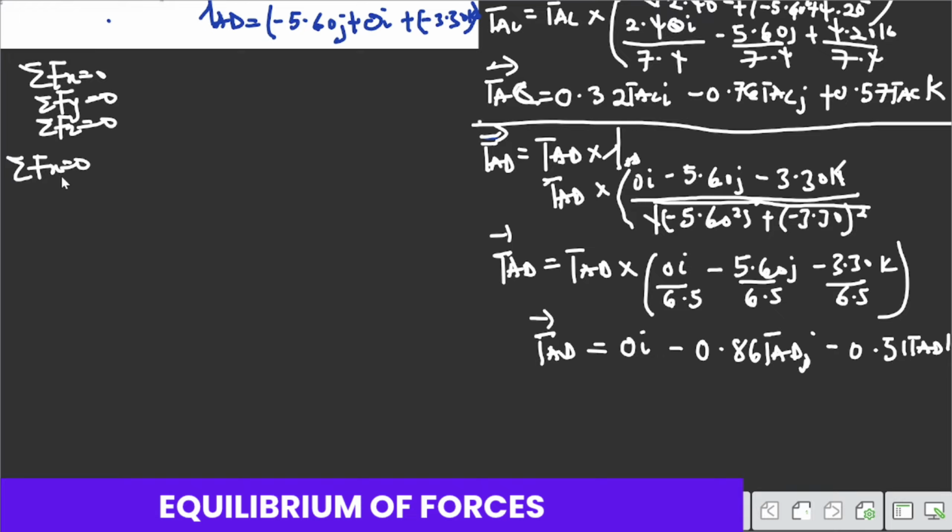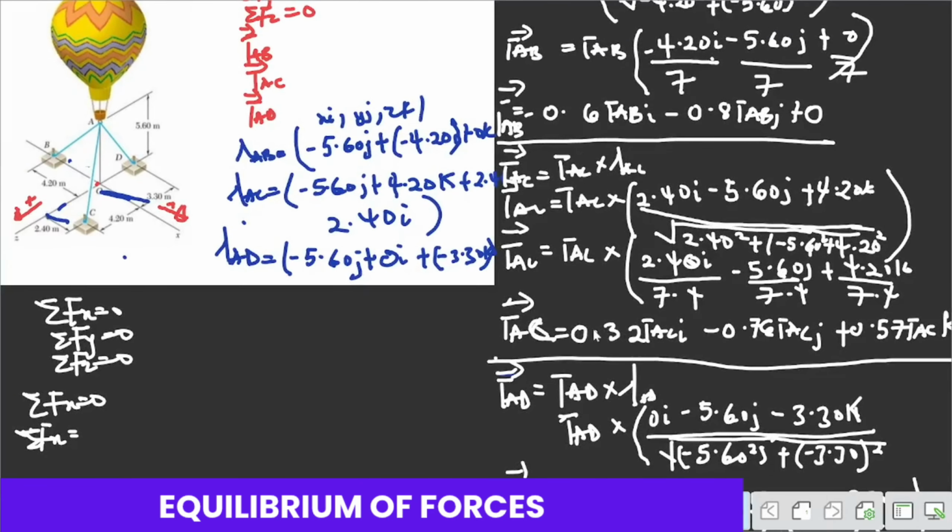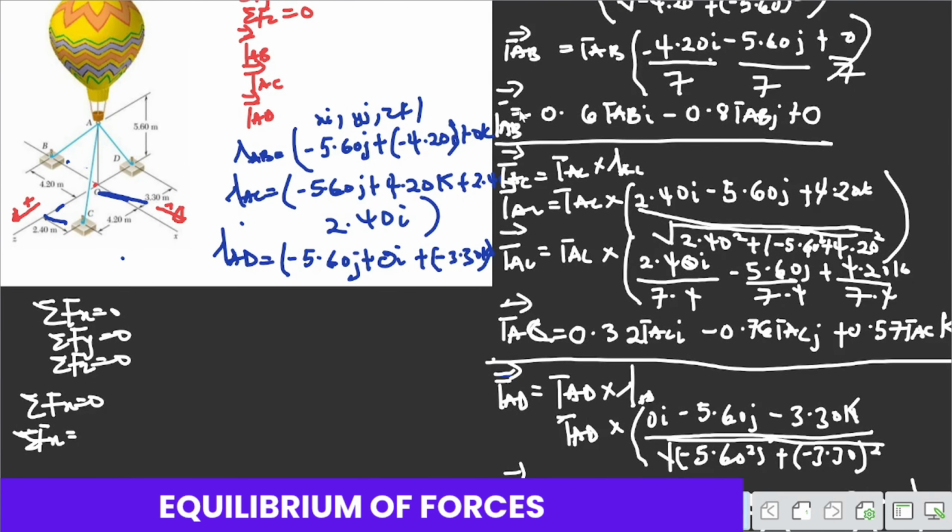So our sigma Fx at each component is equal to, so let's start with the first one, the TAB. For the TAB, we know that we had the one in the I direction here to be equal to minus 0.6 TAB here.